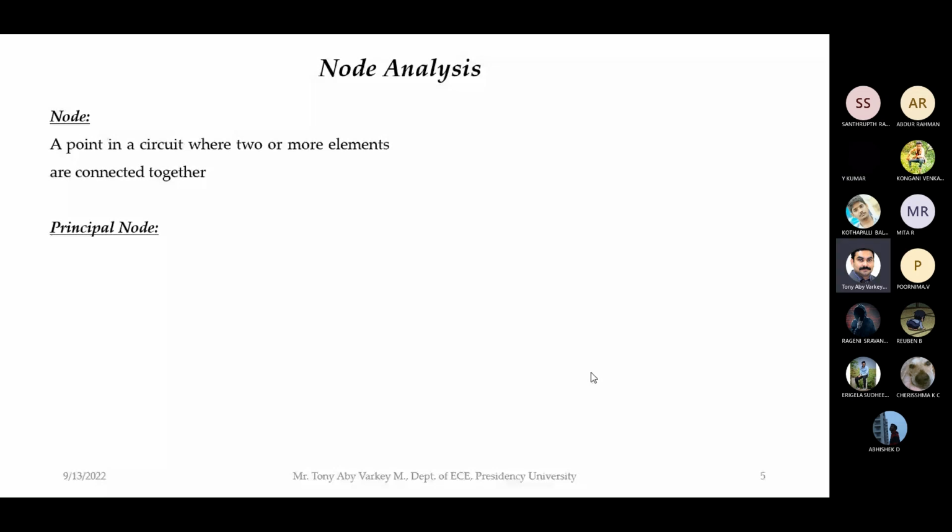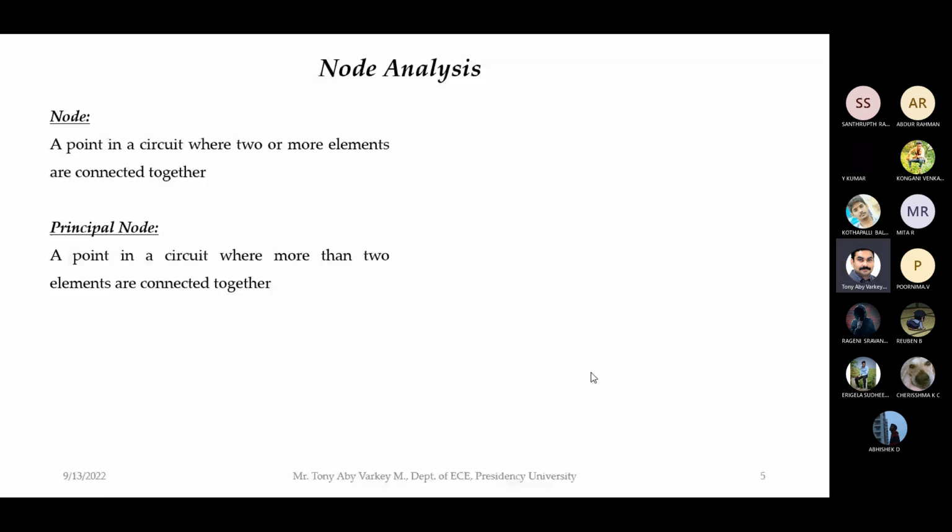Okay. A principal node is a point where more than two elements are connected together. Is it clear? Which means that all principal nodes will be nodes, but all nodes need not be principal nodes. So please remember, a node is a point where two or more elements are connected together, and a principal node is a point where more than two elements are connected together.